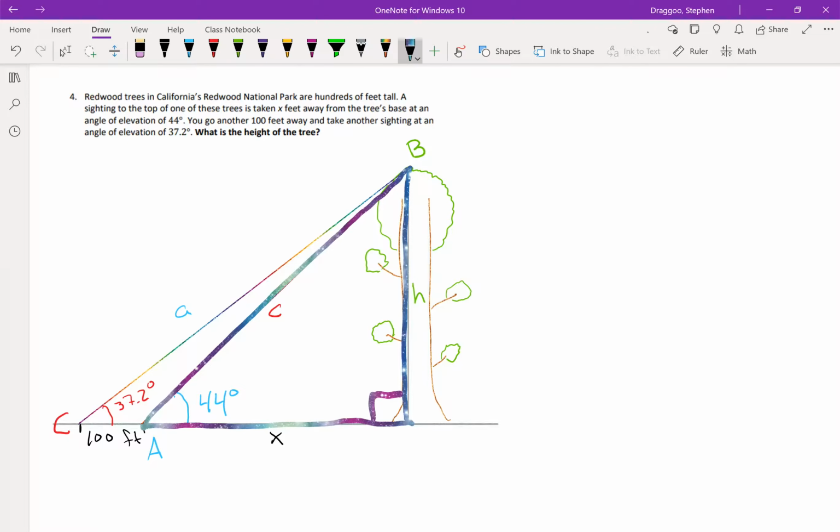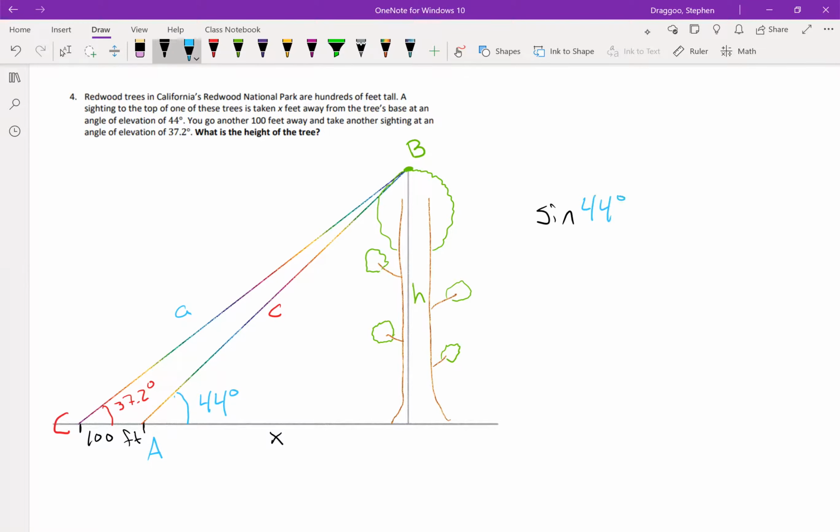Unfortunately, I don't know any of those yet, but I can still set up an equation that deals with H and that 44-degree angle. So let's use sine so that we have opposite over hypotenuse. I can say that the sine of 44 degrees is equal to H divided by C, where H is for height and C is going to be the hypotenuse.